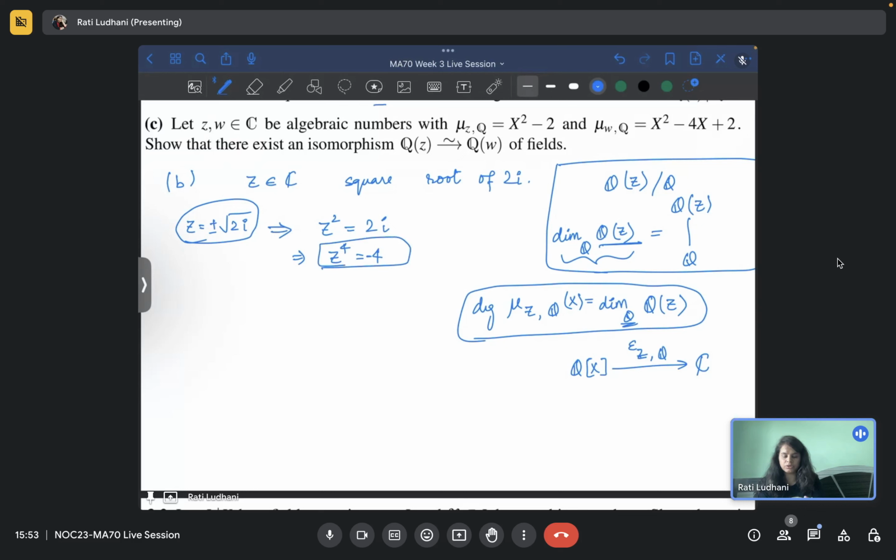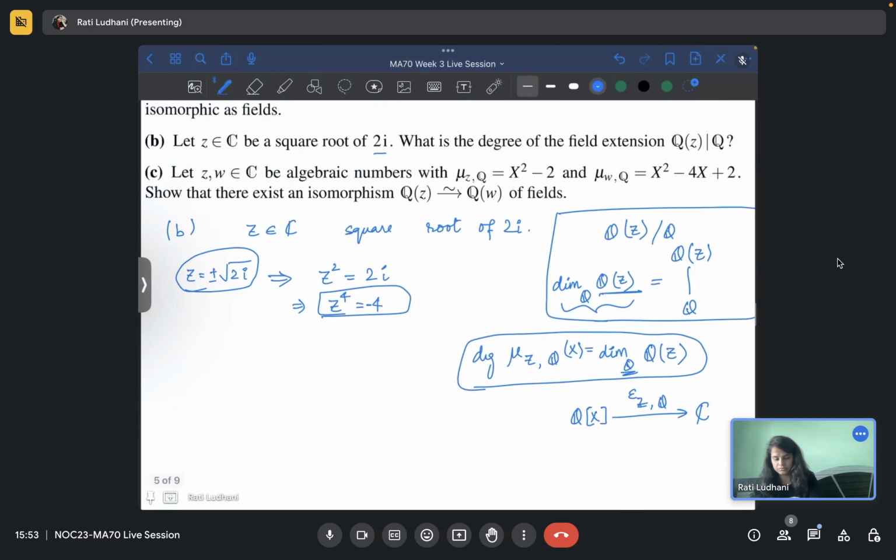So I have one polynomial, and at least I know z is algebraic.